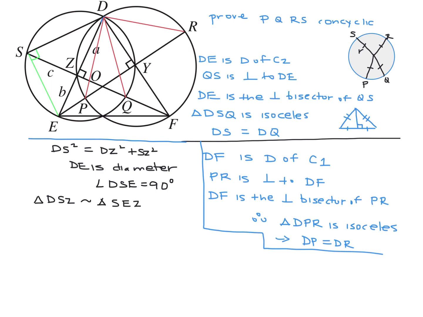And if that's not obvious, I'm going to draw both those triangles out. So first, let's draw DSZ. So DSZ, D, S, and Z. And let's label the angles.